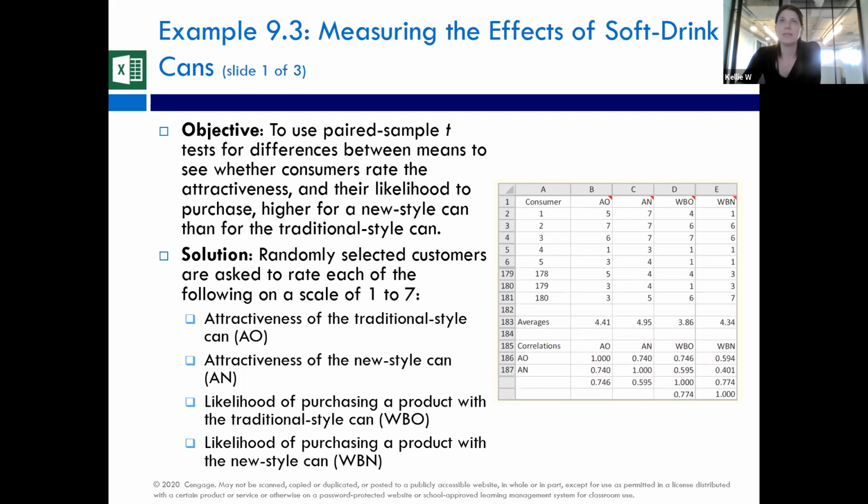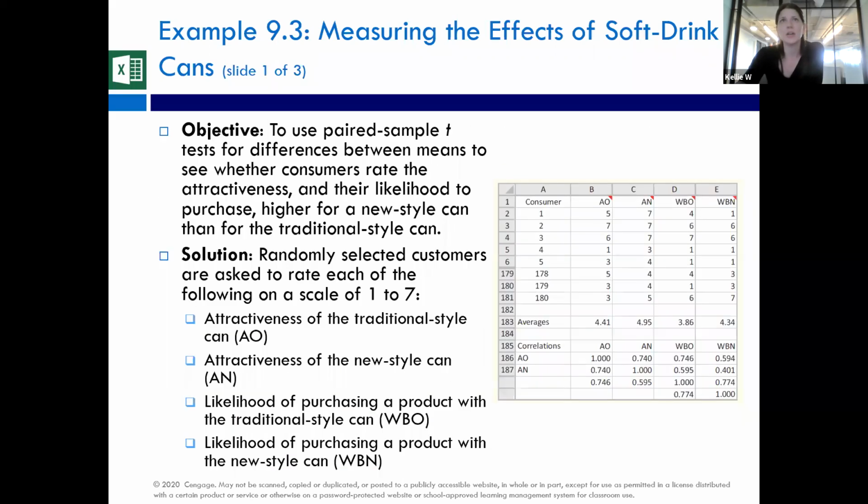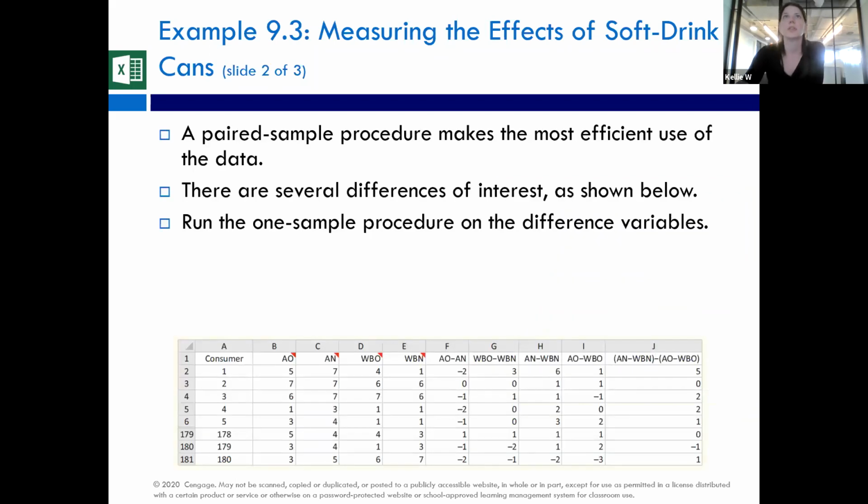So we would randomly select customers and ask them to rate on each of the following: the attractiveness of the old can, attractiveness of the new can, likelihood of purchasing with the old style and with the new. So I think their variables are attractiveness old, attractiveness new, will buy old, will buy new. I think that's what they were aiming for with those acronyms. So let's pull this up in Excel.